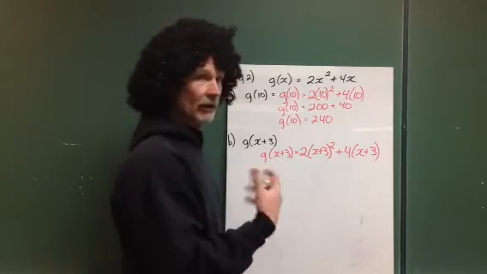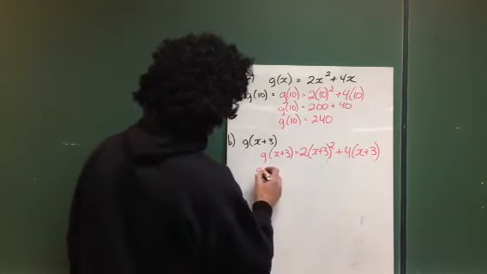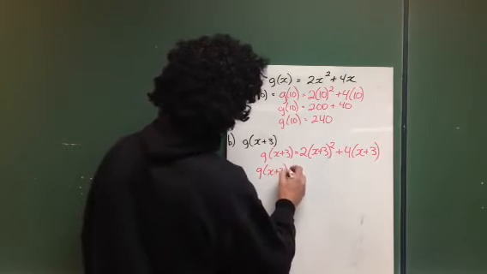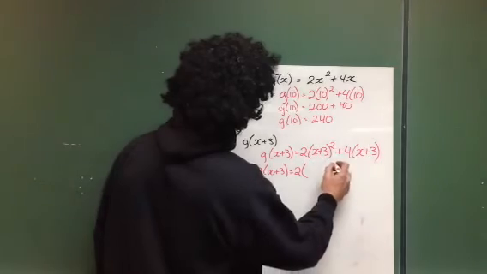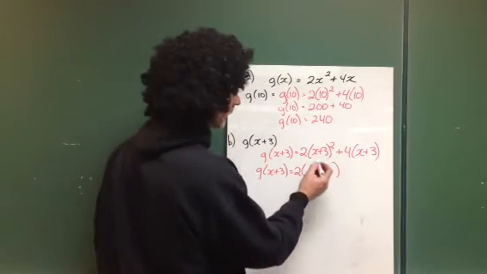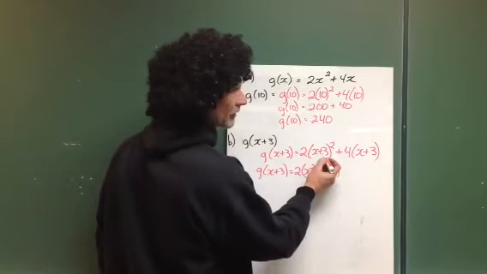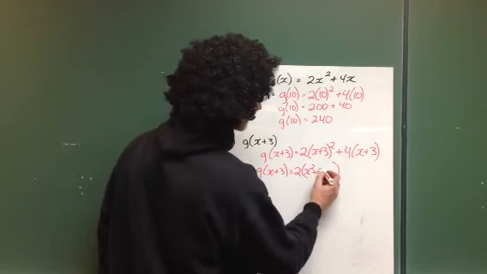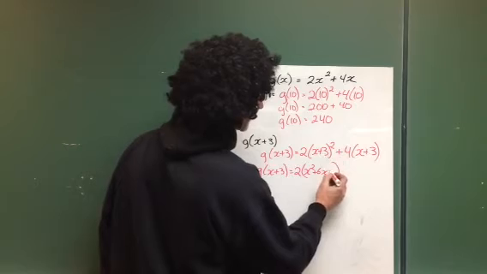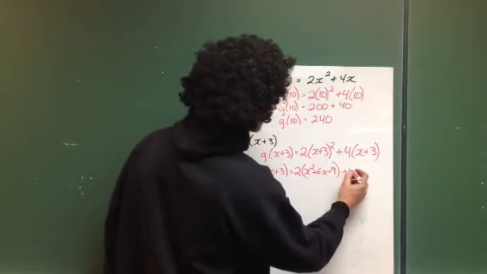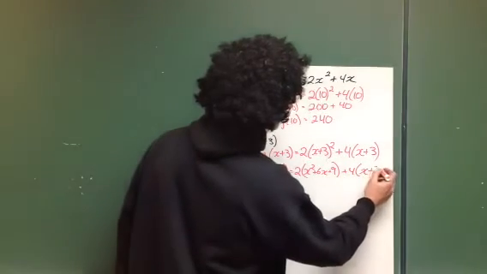And I'm going to use the skills I learned in my polynomials unit here. So g of x plus 3 equals 2 times, I'm going to square this binomial, x squared. The middle term will be x times 3 is 3x doubled is positive 6x. And 3 squared is plus 9. Plus 4 times x plus 3 still.